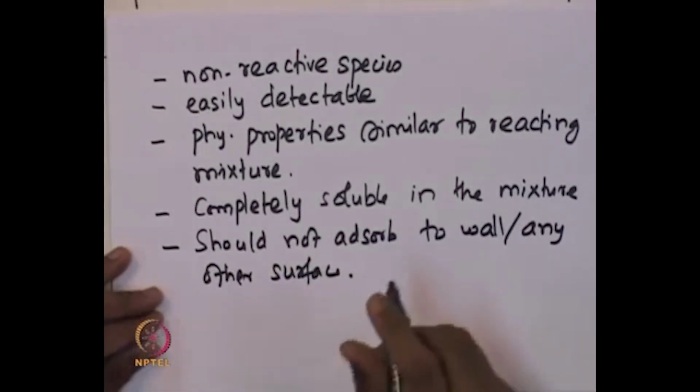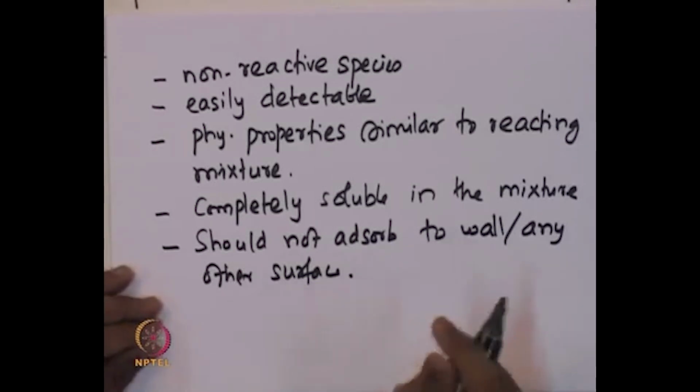If it gets adsorbed, then some of the species are being consumed, and that is not going to help in measuring the residence time distribution of the reactor.